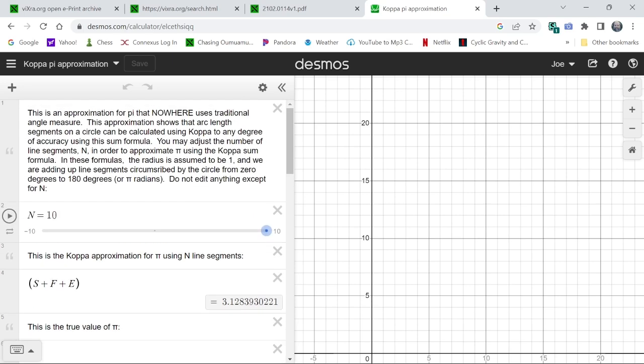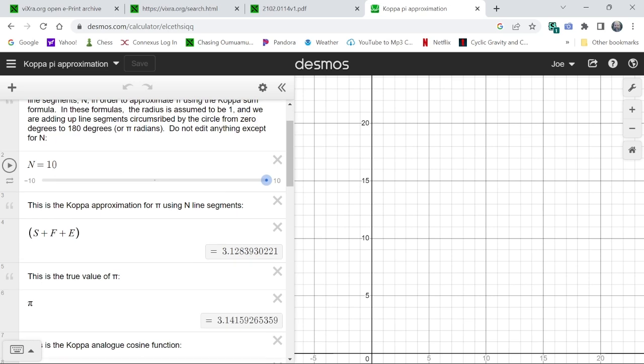No degrees are used, no radians are used, no reference to any traditional angle measure. The number pi is not used in the calculations, and yet using quaterns, you can get an approximation to pi depending on how many line segments you want to generate.